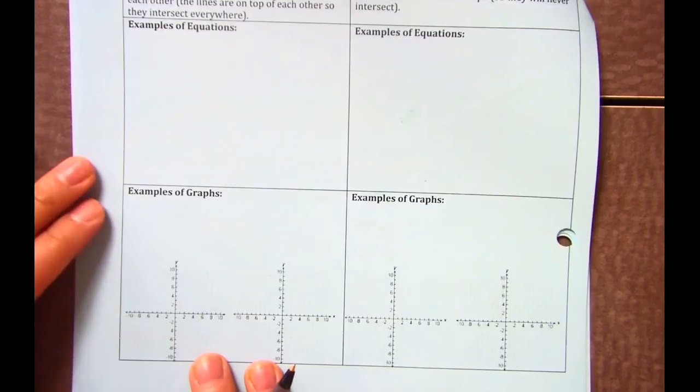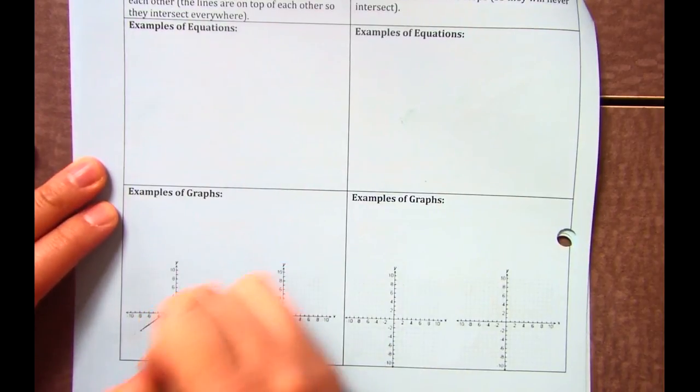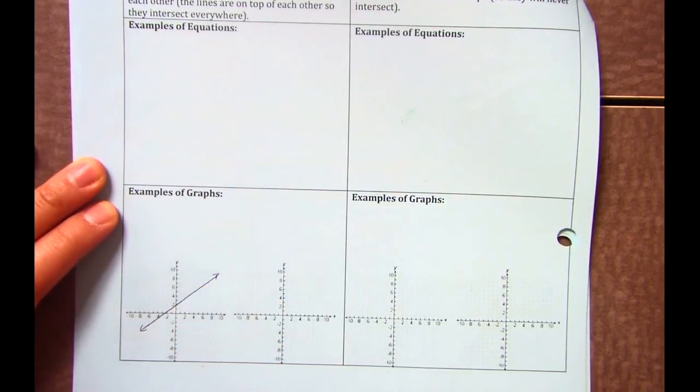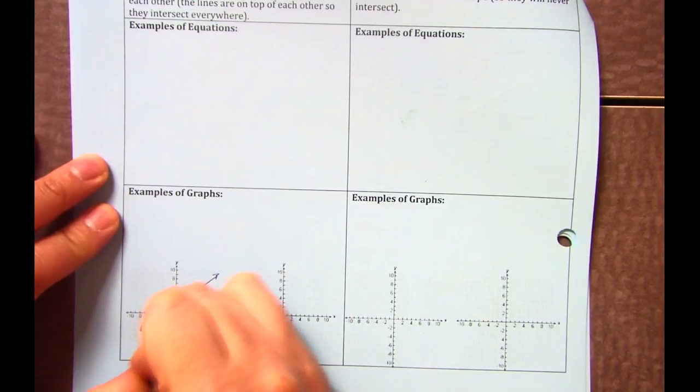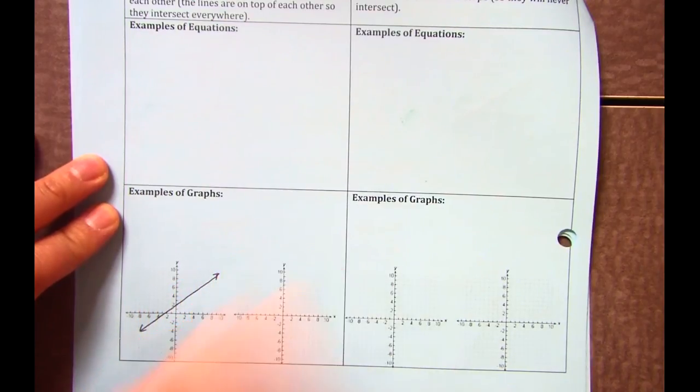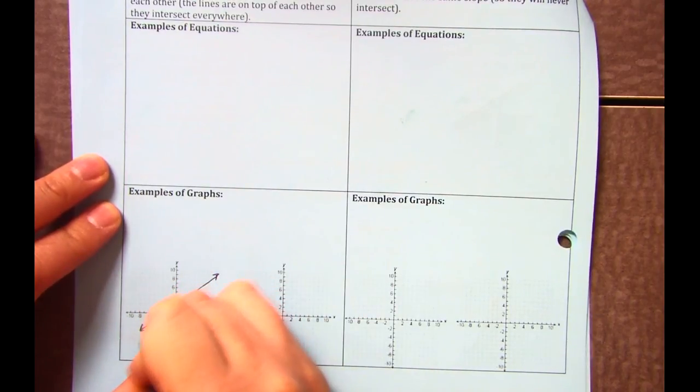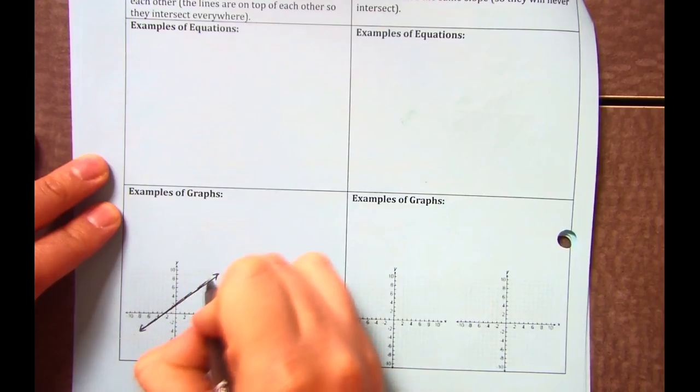If you skip down here, if this is one line that represents one equation in the system, and it has infinitely many solutions, that means it intersects everywhere, because the intersection point is the solution. So if it's really the same line, those are intersecting everywhere. So I'm just going to make that really thick so it looks like there's two on top of each other there.